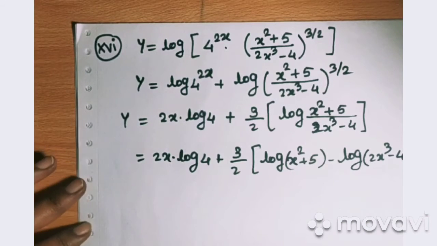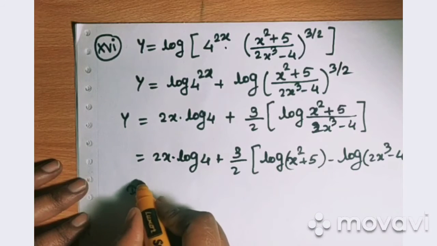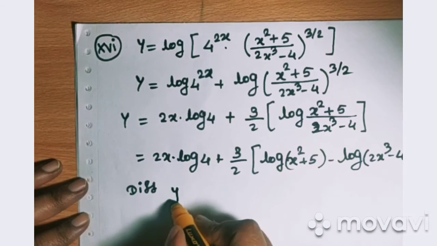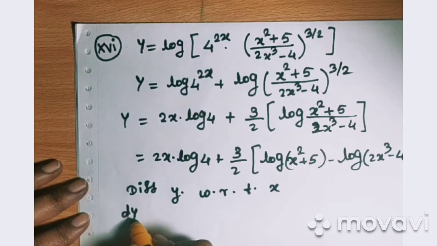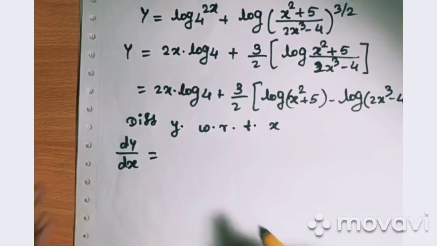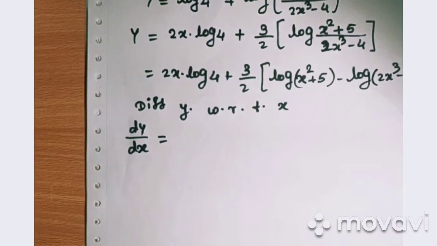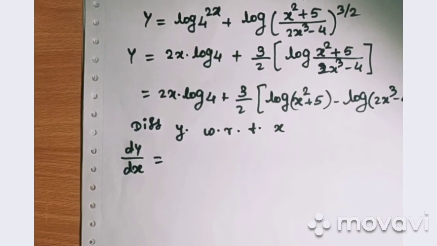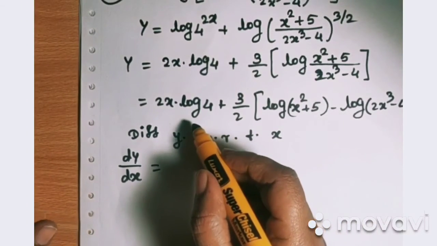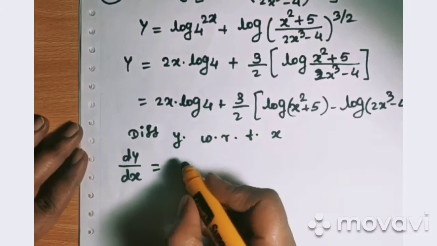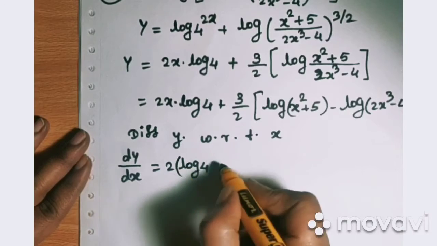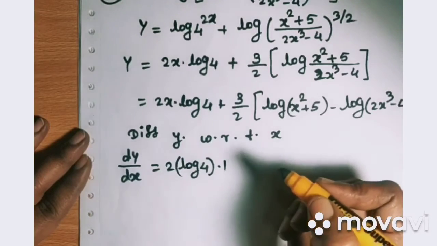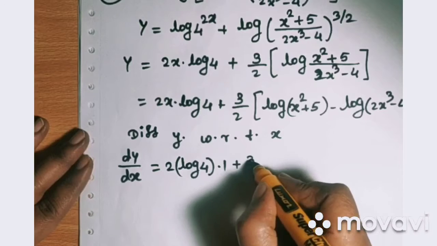After simplifying, we have to calculate the differentiation of the function y. Differentiate y with respect to x, we get dy by dx is equal to derivative of this log and x. This log of 4 is constant and 2 is constant, therefore we write 2 log of 4 as it is, and take the derivative of x, which is 1, plus 3 by 2 as it is.